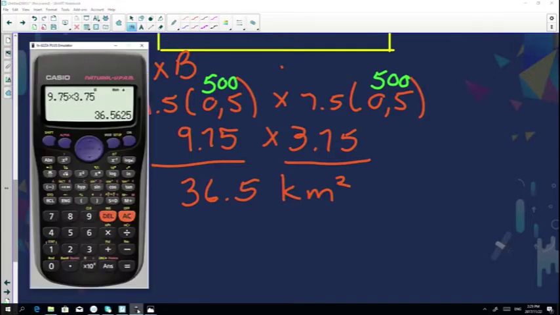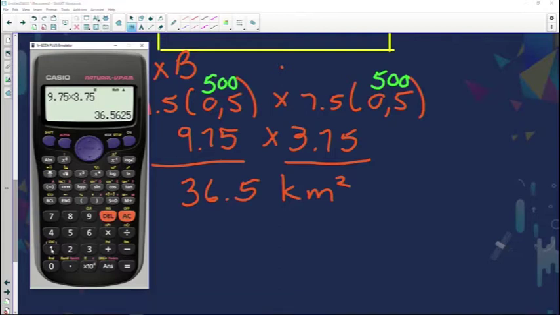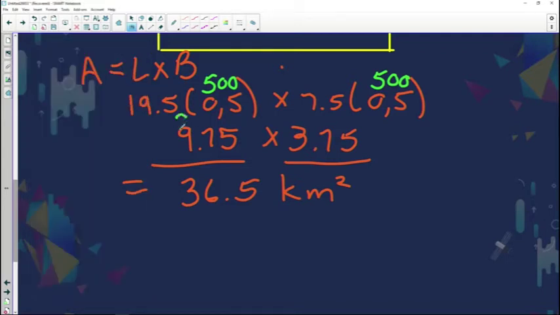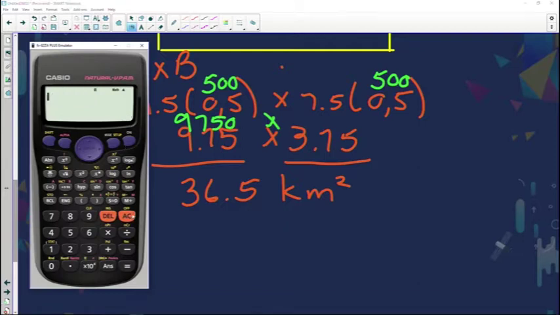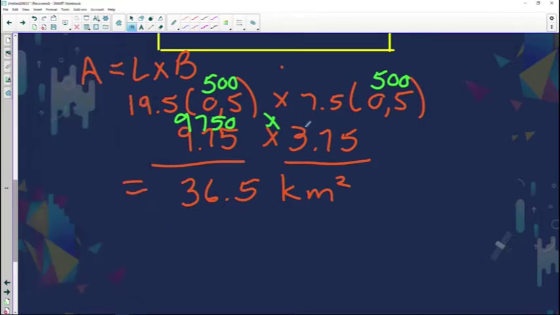If the answer was asked for square meters, it's 19.5 times 500. That gives me 9,750 times 7.5 times 500 gives me 3,750.